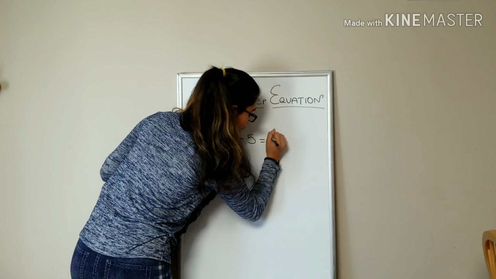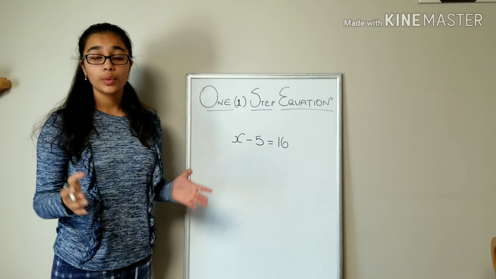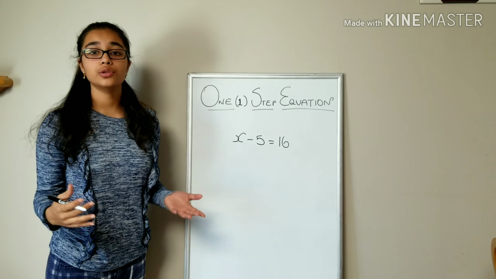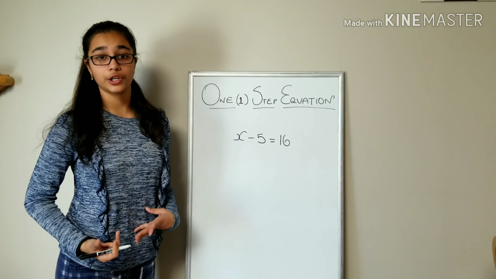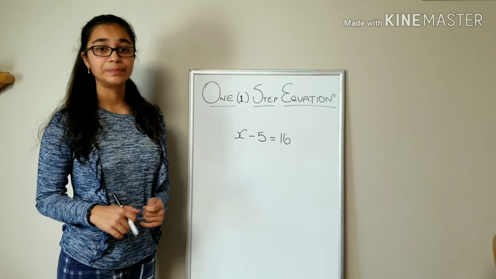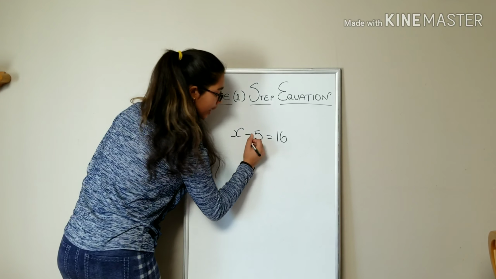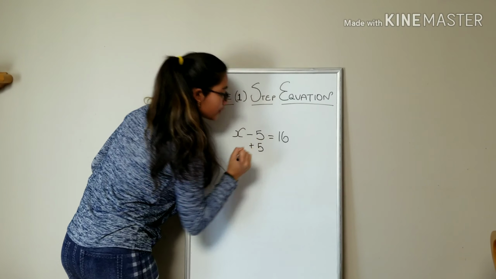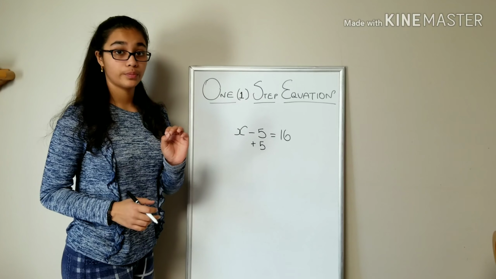X minus 5 equals 16. In our last examples, we subtracted from addition to undo the operation. This time we have subtraction as the operation. So what do we do here? We add instead of subtracting. If we add 5 to our subtract 5, we know that our answer will automatically become 0.